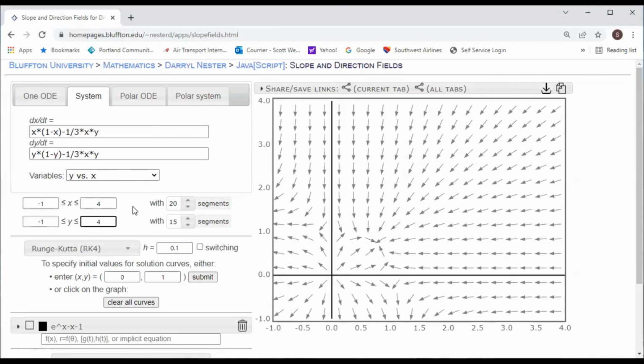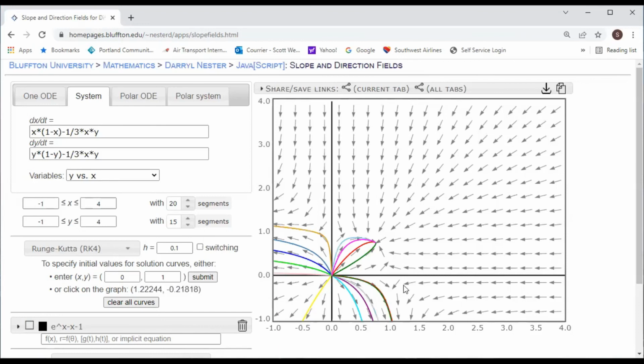All right, so what we found here was at the origin, a star point. And what that means is it's a proper source, and that means everything comes out of it pretty much even-handedly because we had a repeated positive eigenvalue. And sure enough, that's what seems to be happening.